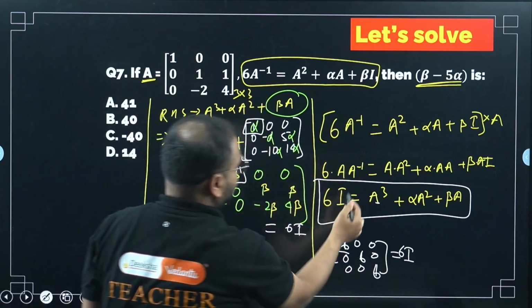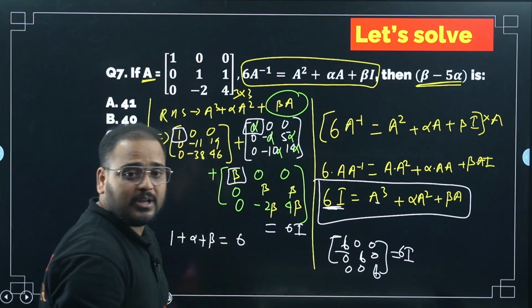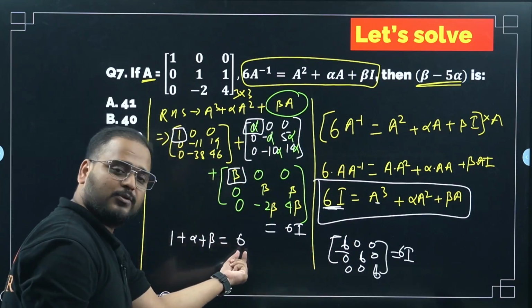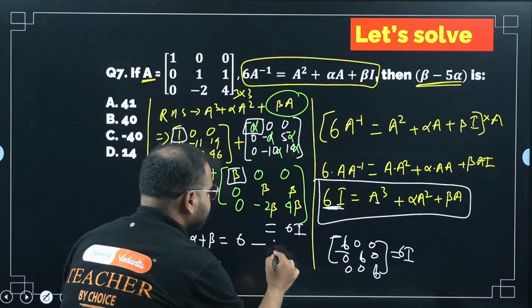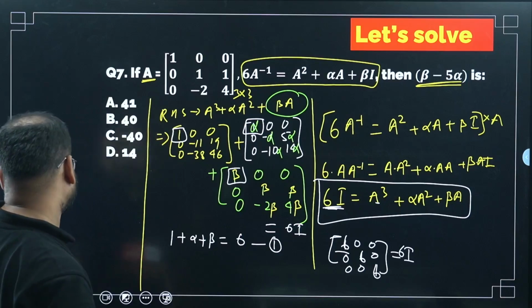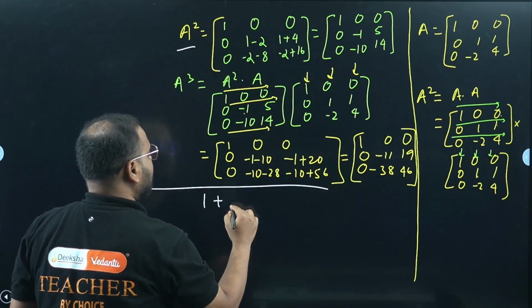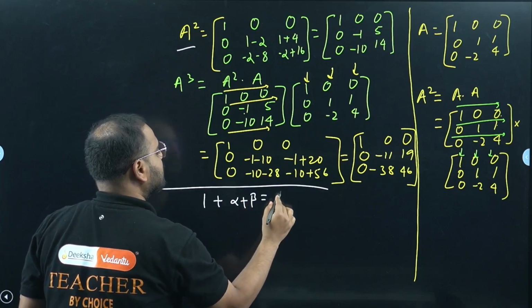See here, I proved it, 6I. It means the first element is 6 only, so the sum will be equal to 6 only. This is my first equation: 1 plus alpha plus beta equals 6.